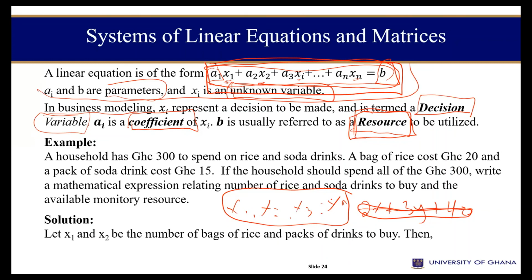You are thinking about how many bags of rice should I buy, and how many packs of soda should I also buy? This is the problem that you have. Given that you have a resource of what? 300. How do we write a mathematical expression being able to know how many bags of rice to buy and how many soda drinks to buy, given the available resources of 300 Ghana cedis to spend?